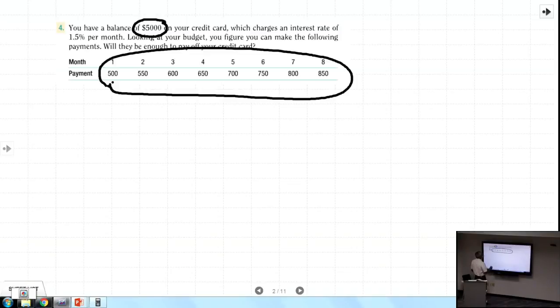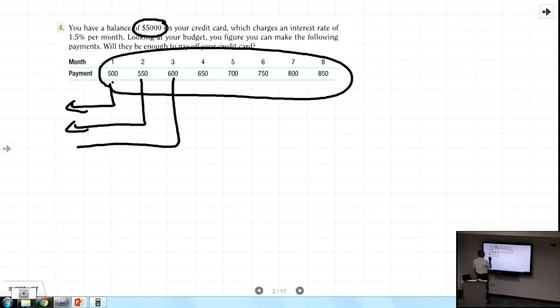So one way to look at it: should I pay off the entire balance today, or should I lay it out in this cash flow format, and will it be enough to pay off my balance? One way to compare this is to take the present value of each of these future cash flows, similar to the problem that we did earlier.